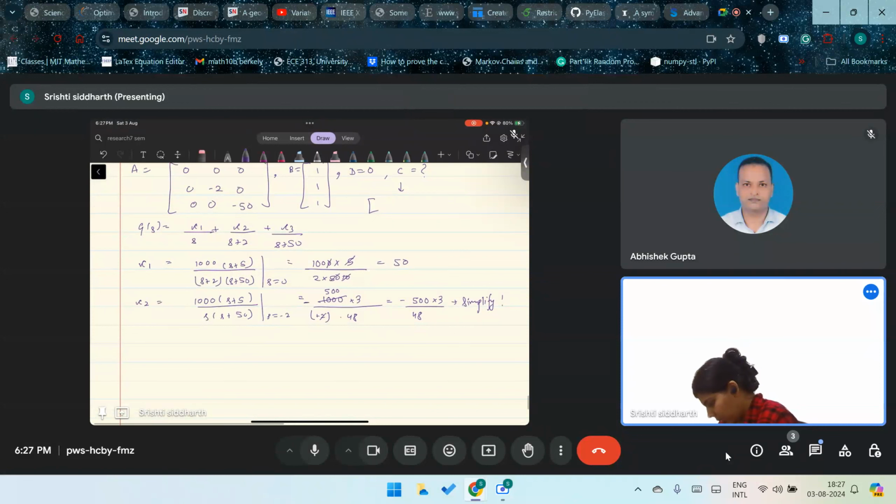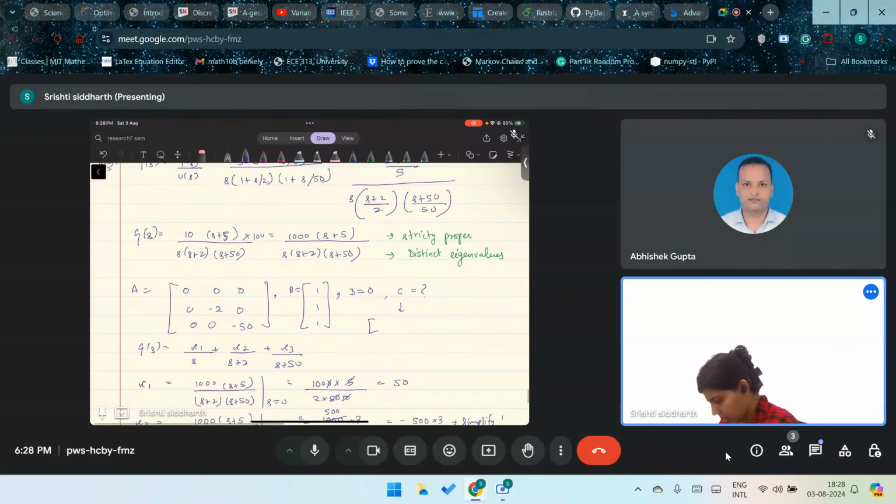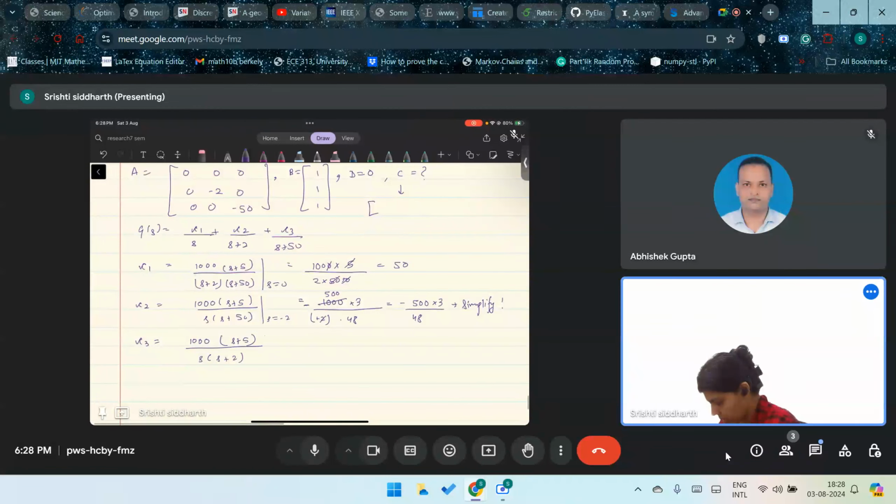You already have C3 also: this is the transfer function with the S plus 50 term removed, evaluated at S equals -50.